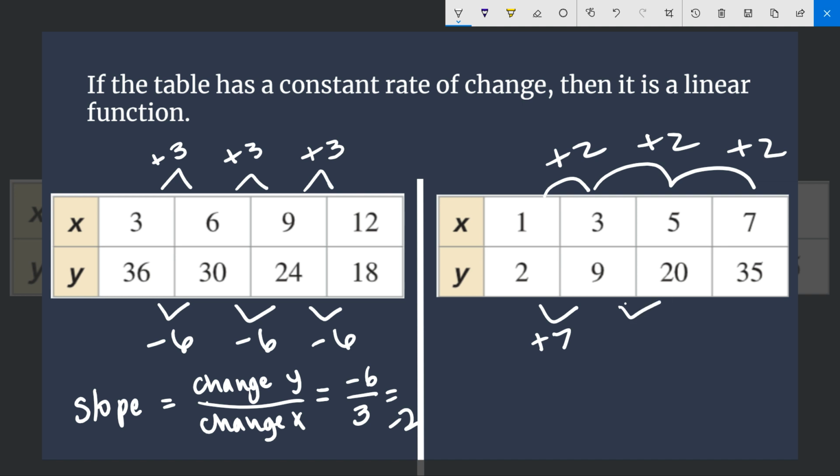But then when we go from 9 to 20, that's an increase of 11. And then 20 to 35 is an increase of 15. So this is not changing constantly. The change in the y values is growing. So this will not be a linear function. It'll be curved somehow. You can plot it out and see if you want, but the point is just figuring out which one's linear, which one's not.